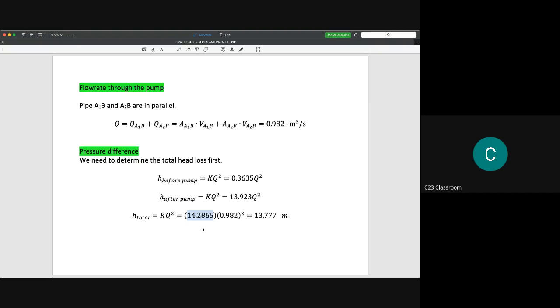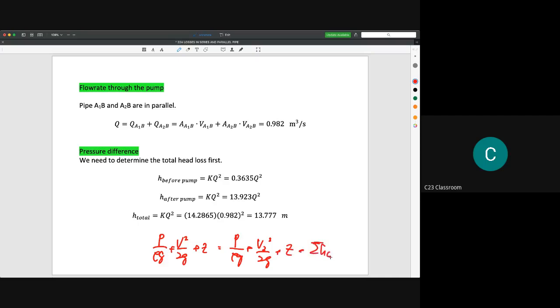So in fleet 1, we might write P over rho G plus V squared over 2G plus Z. And then we have another one here, P2 over rho G plus V2 squared over 2G and Z2. And then we add the total losses here. The total losses consist of losses that occur at the inlet and also losses that occur at the outlet. So in this situation, we need to calculate it separately because that is the easiest way.